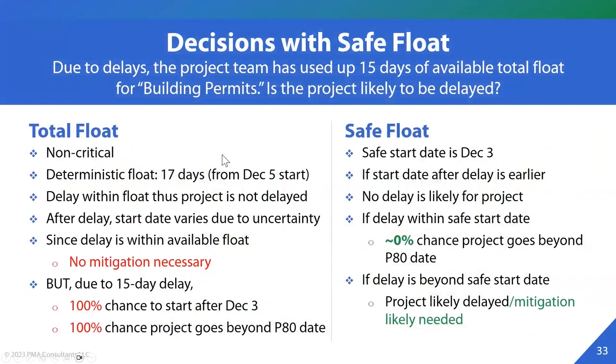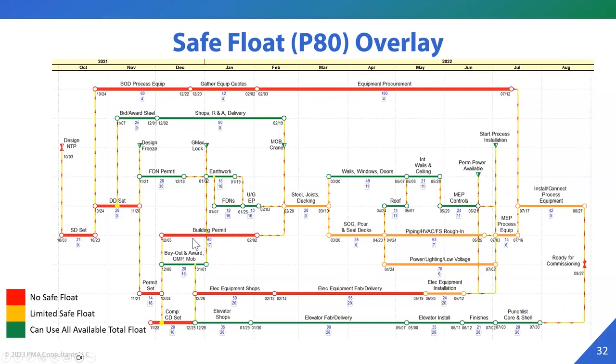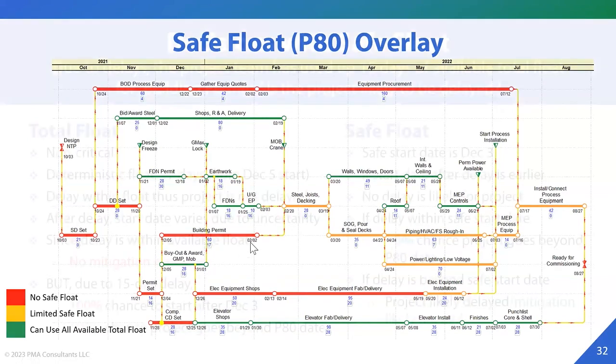So now we can go through certain scenarios on how decisions can be made with safe float. Let's say due to delays, the project team has used up 15 days of available total float on building permits. Is the project likely delayed? We can see in this deterministic scenario, we had 17 days of float on the building permit activity.